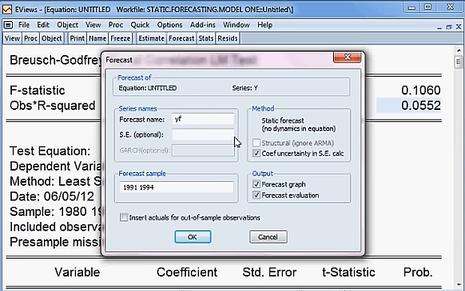Forecasting model setting is here. Now we can get the result of this forecasted variable, right? So I press OK here.